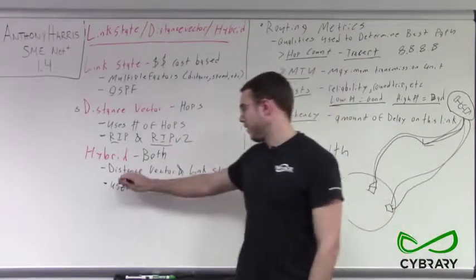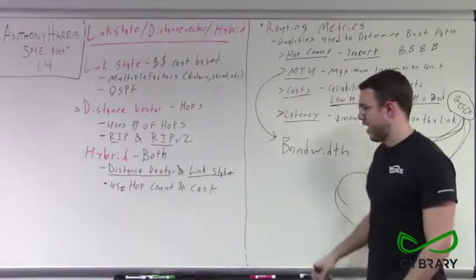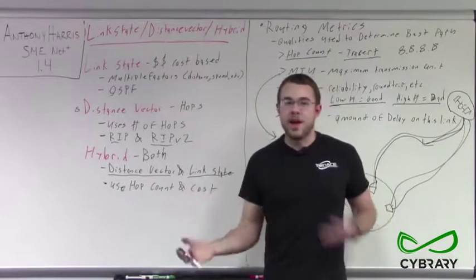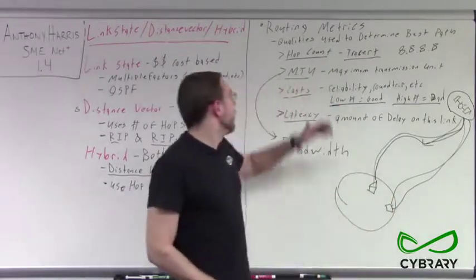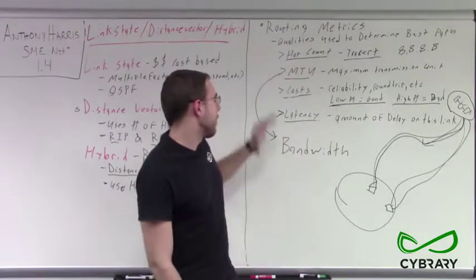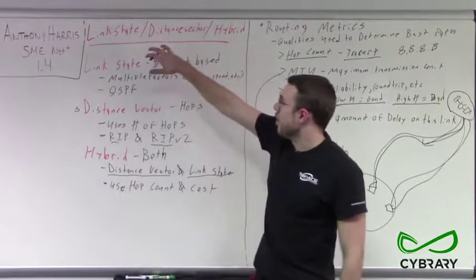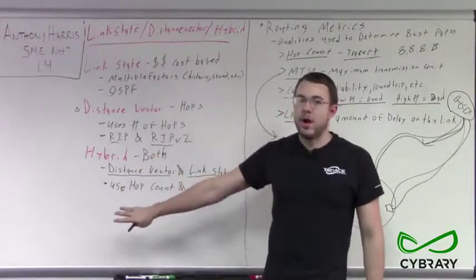So our hybrid is going to be distance vector, and they're going to be link state, and they're going to use both hop count and cost in their analysis of which routes are better. So that's our routing metrics, our hop count, MTU, costs, latency, and bandwidth, and how we use those when we're talking about link state, distance vector, or hybrid routing protocols.